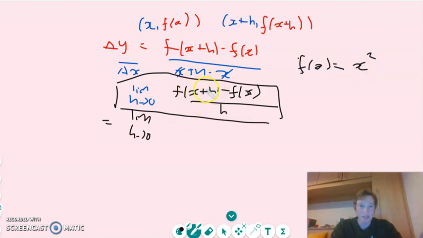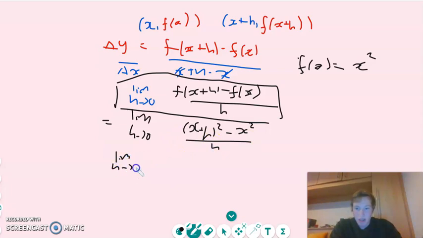So whatever I put in, x plus h, I square. So I square my x plus h, and then f of x is x squared, so minus x squared, and that over h doesn't change. I keep writing my h tends to 0 because I've got to keep saying that my h is super tiny, and I expand this out.